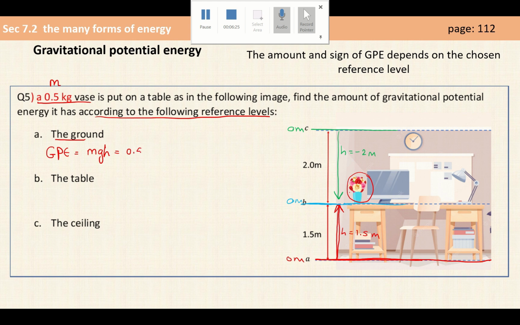Its mass is 0.5, and g is a constant value, always 9.8, unless mentioned otherwise in the question, times h. Now, because we chose the ground as the reference level, this vase is 1.5 meters above the reference level, so it's 1.5 positive.